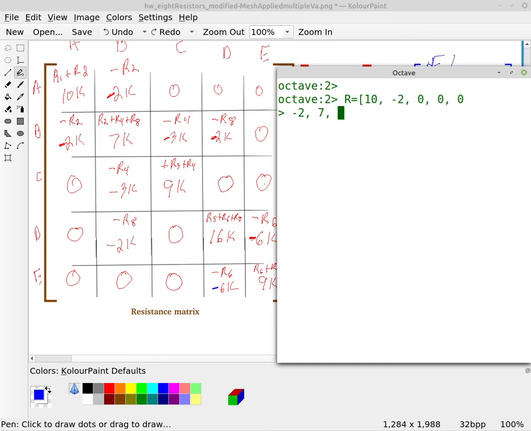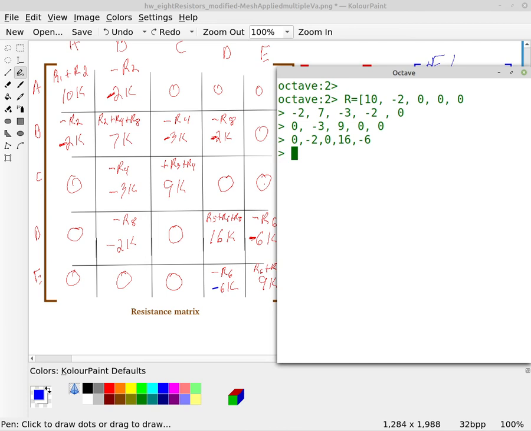So we have -2, 7, -3, -2, 0. That's the second row. The third row is 0, -3, 9, 0, 0. The fourth row is 0, -2, 0, positive 16, -6.